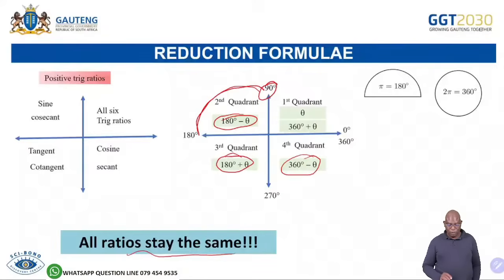Remember, if I reduce this angle by using that, the ratios stay the same. This is radians. If you see pi in trigonometry, you must know it's 180 degrees. Also in circles, angles and angular movement, 2 pi is 360 degrees.